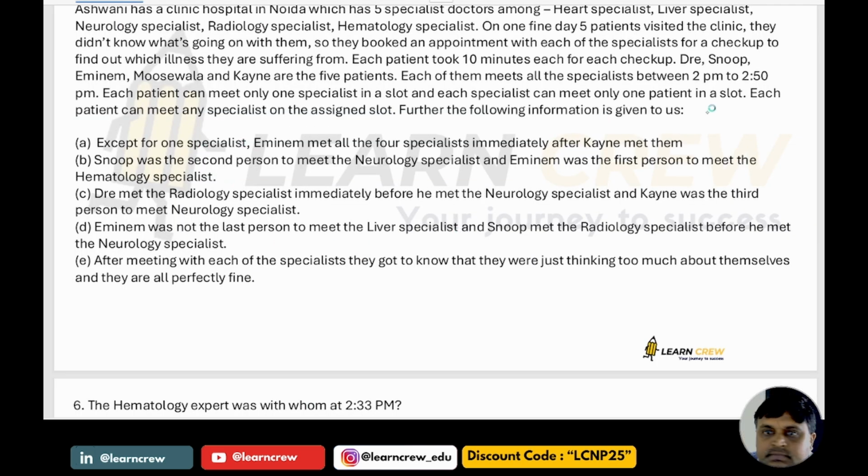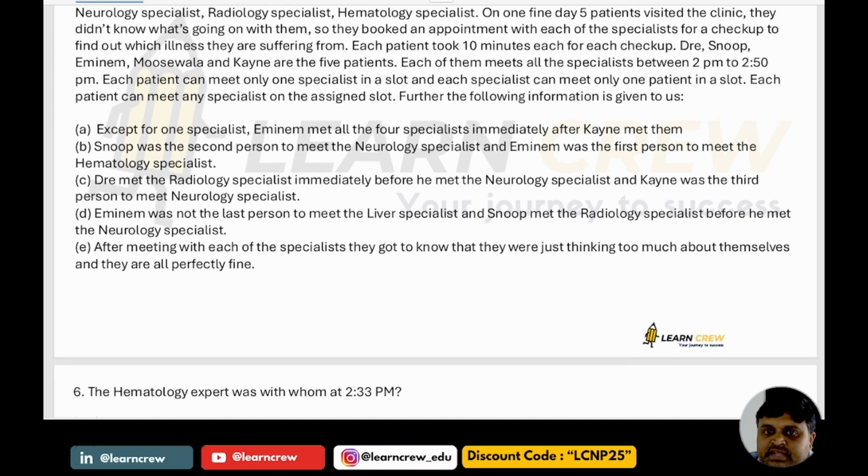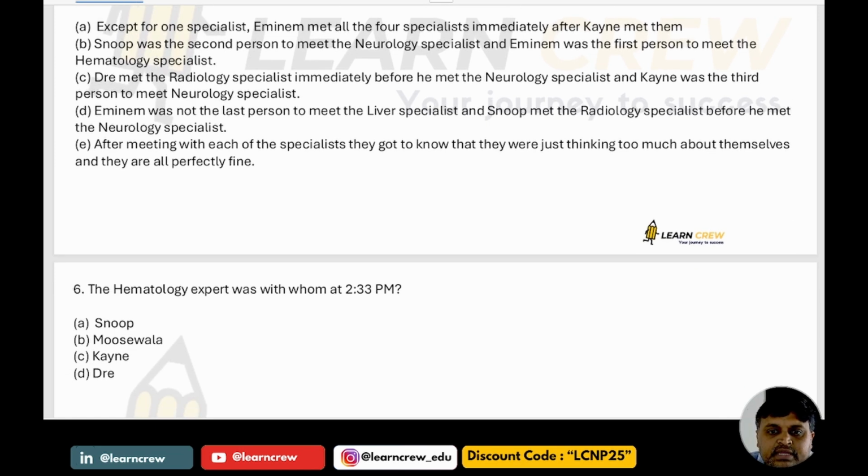Further, the following information is given to us. Please see here what information we have. Except for one specialist, Eminem met all 4 specialists immediately after Kane met them. Snoop was the second person to meet the neurology specialist, and Eminem was the first person to meet the hematology specialist.